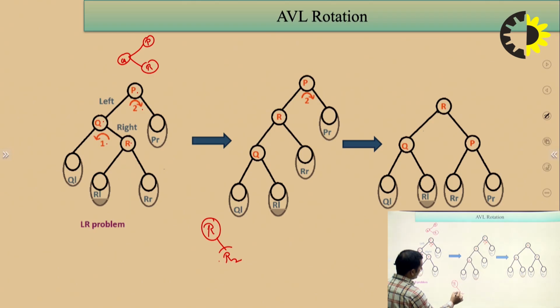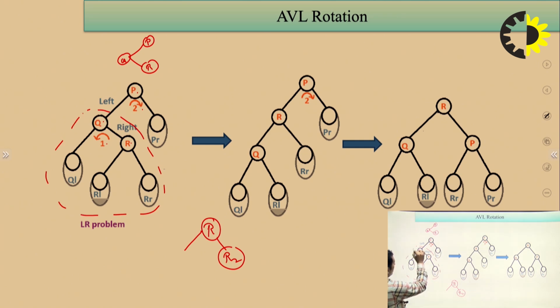So, this is RR and Q will come downside, only see in this subtree. Q will come downside, meaning left subtree, and QL untouched.